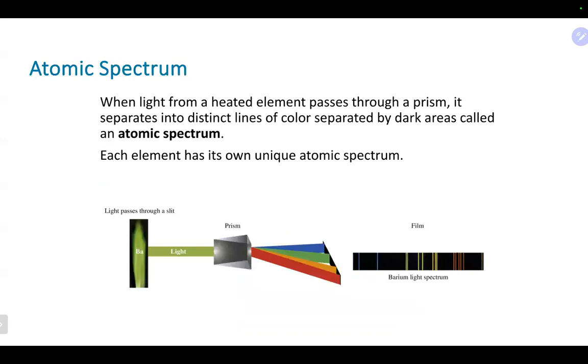Now, we do see a spectrum sometimes when we look at elements, and one thing that elements do that is a little bit different than other things like the sun, for example, is they have what is referred to as quantized energy.